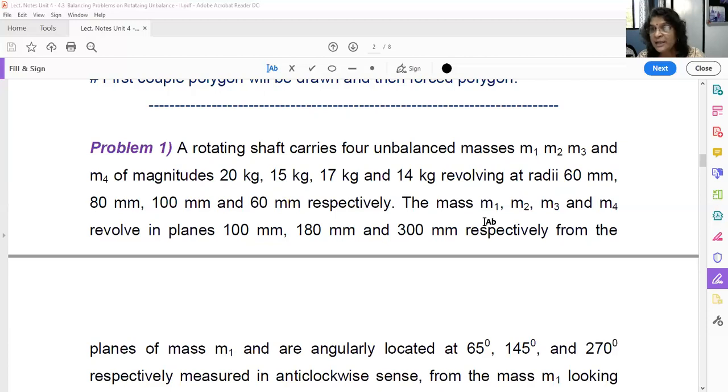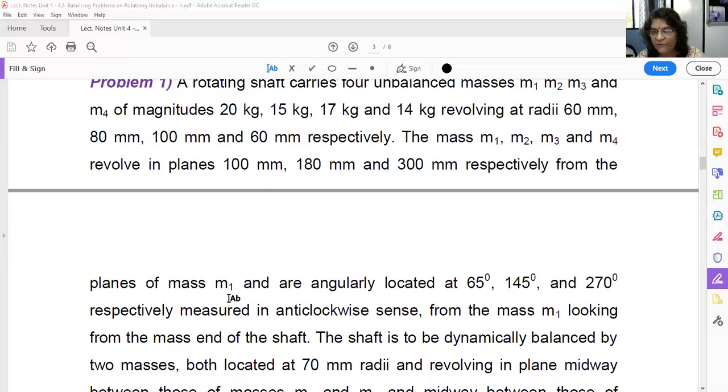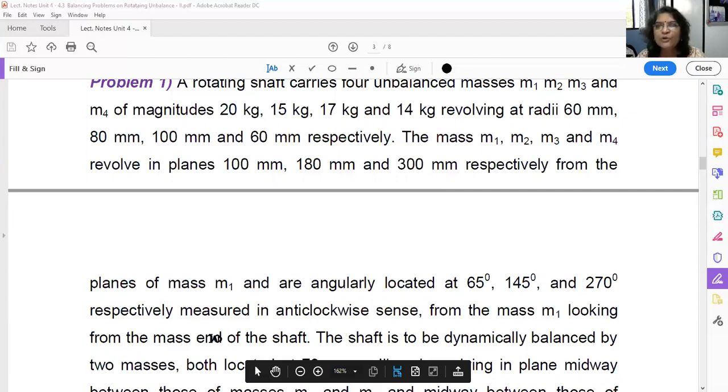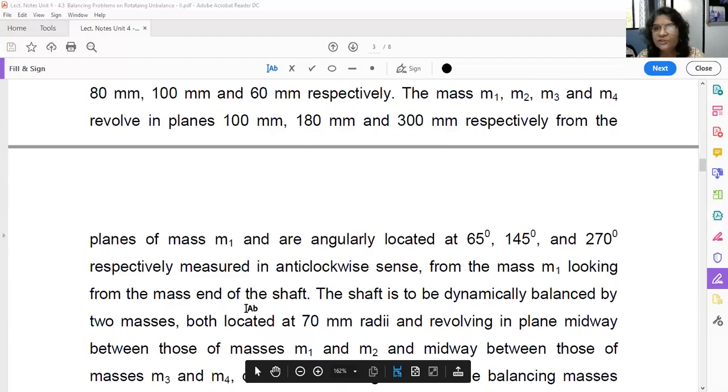The masses M1, M2, M3 and M4 revolve in planes 100 mm, 180 mm and 300 mm respectively from the plane of mass M1 and are angularly located at 65 degree, 145 degree and 270 degree respectively, measured in clockwise sense from the mass M1 looking from the mass end of the shaft.